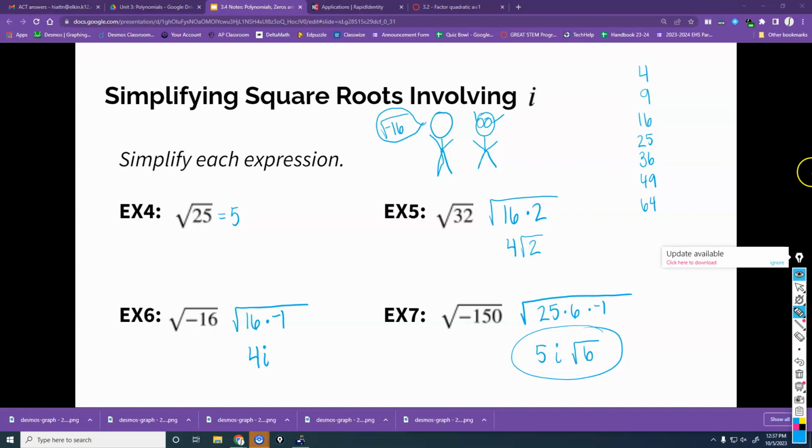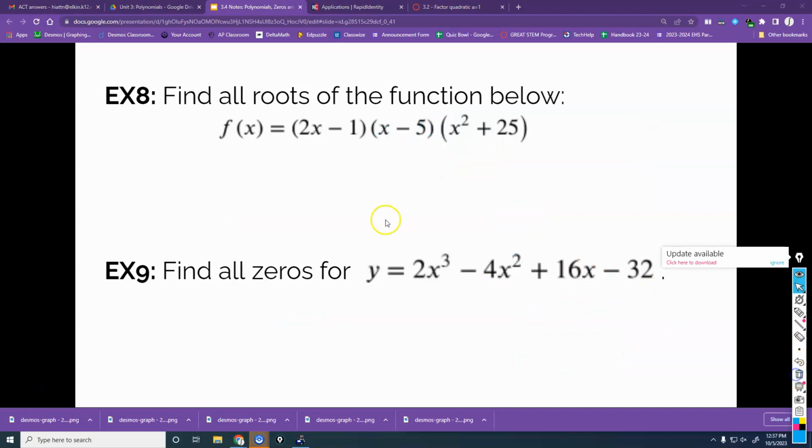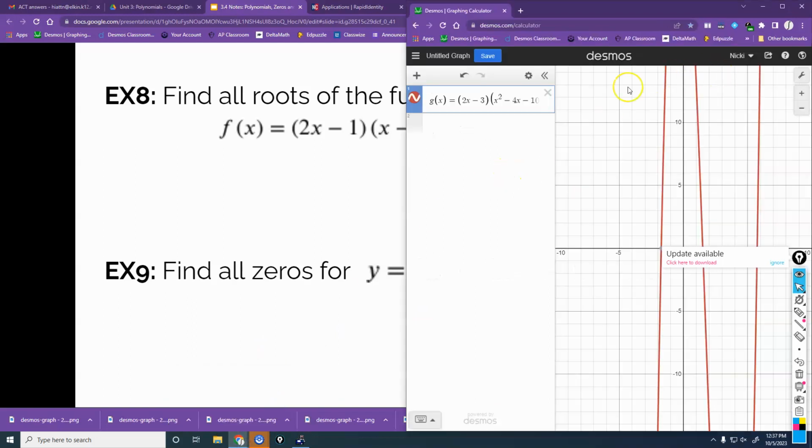Okay, so let's look at why we need this. They possibly might ask us for the roots of this function right here. And I could graph it. In fact, let's graph it here.